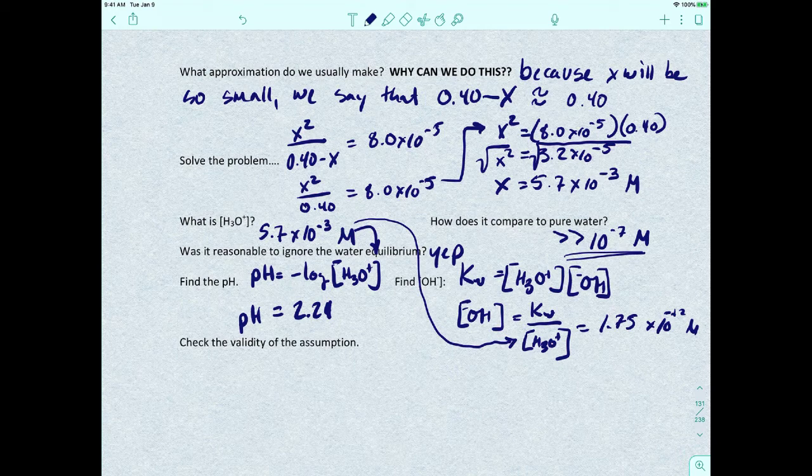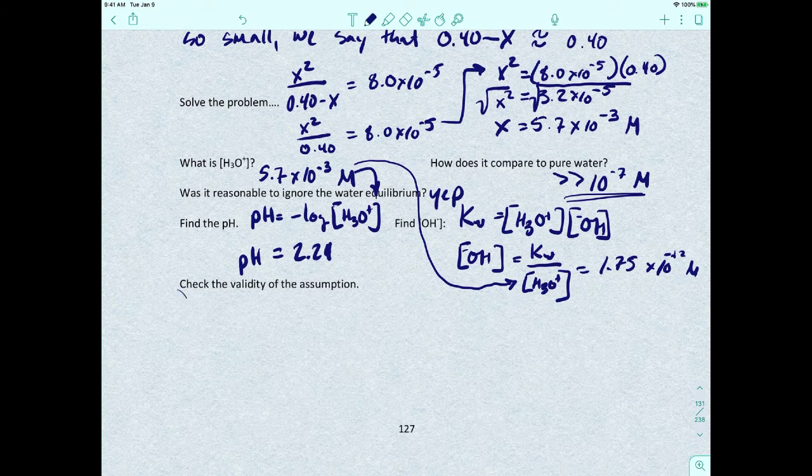Now, we need to check the validity of this assumption. We can make this assumption, but we also need to make sure that it is valid. So we take the x value that we calculated, 5.7 times 10 to the minus 3rd molar, divide it by the original concentration, which is 0.40 molar, and multiply by 100%.